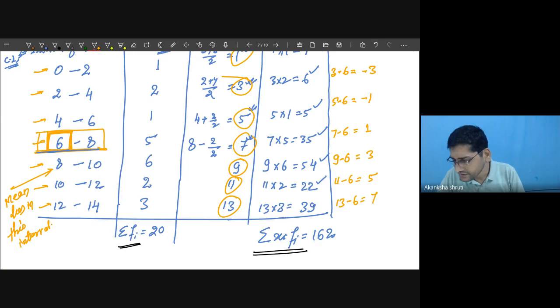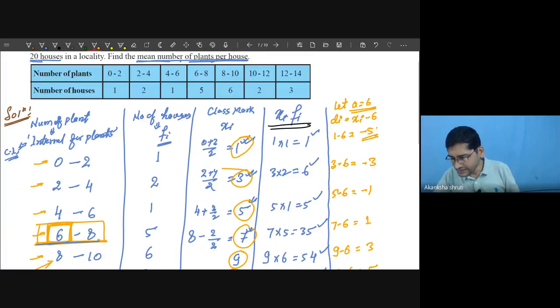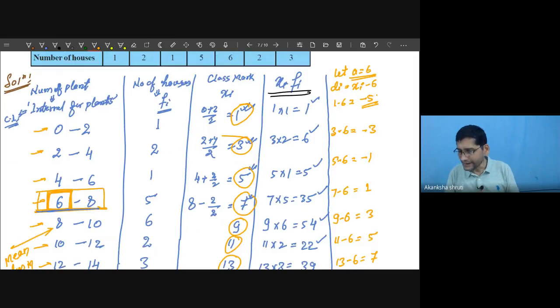Students, you need not write this subtraction while you are doing this. I had explained it, that's why I have taken this. So you calculate this di. After this di, you have to calculate fi di.